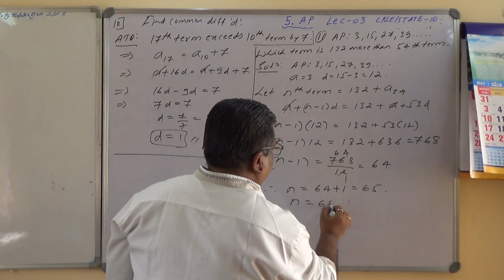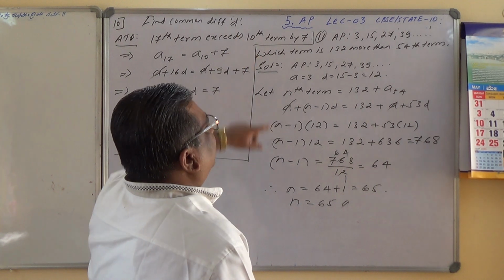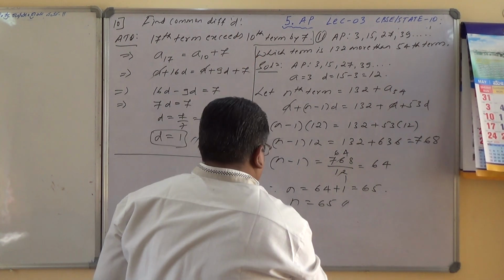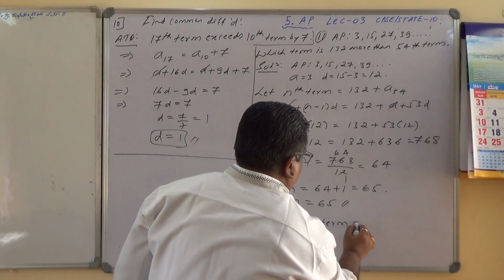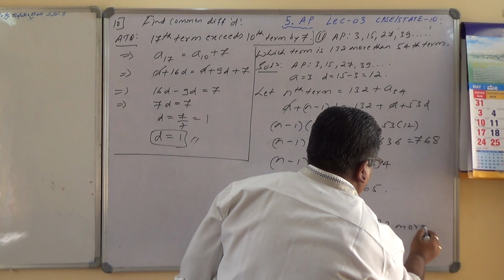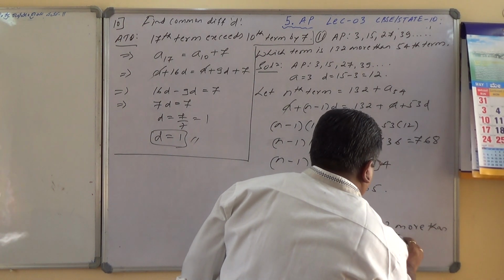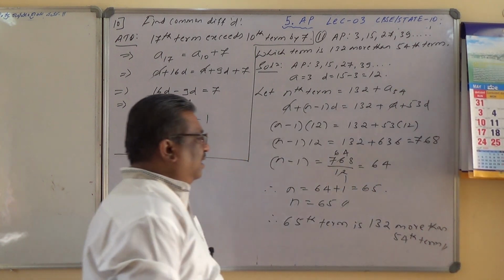So n equals 65. So what is it that we have to find out? Which term is 132 more than 54th term? Therefore 65th term is 132 more than 54th term. That is the answer for this.